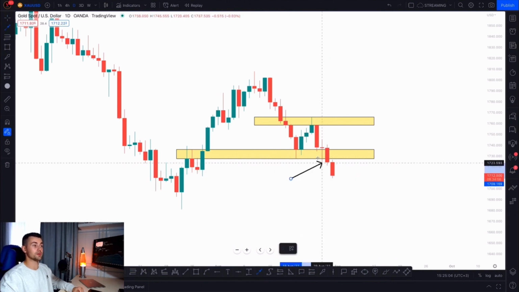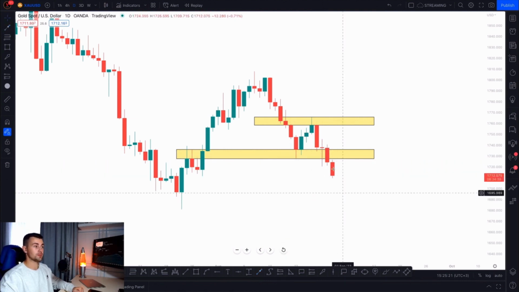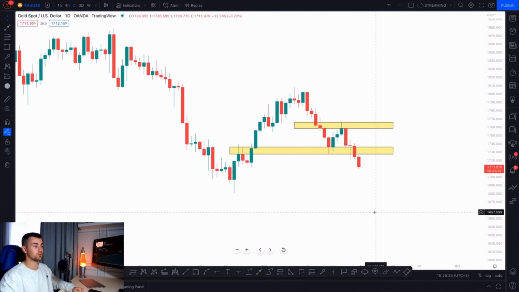As you remember, on our previous live stream, we discussed that candle right here is very telling, and it tells us how weak are the bulls. And the next day, you can see that bears managed to break and close below that support. So, of course, after that, gold dropped sharply.